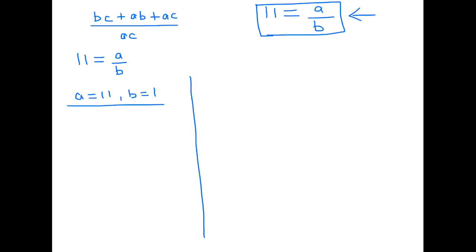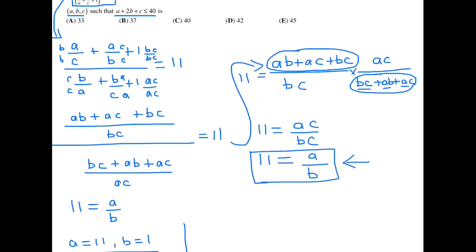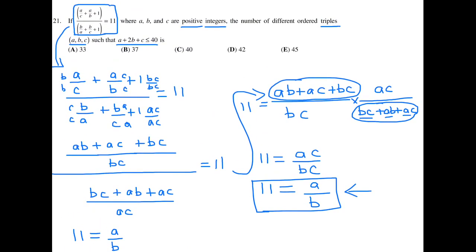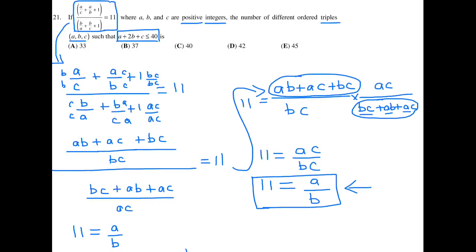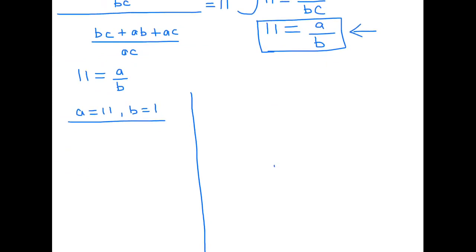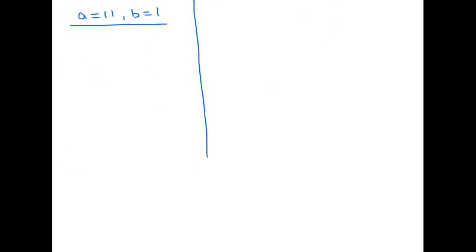Now, what are we trying to figure out in this question? We're trying to figure out this right here. a plus 2b plus c is less than or equal to 40.